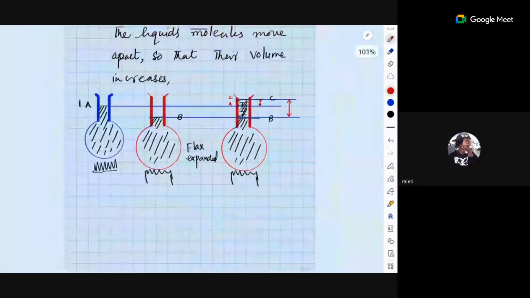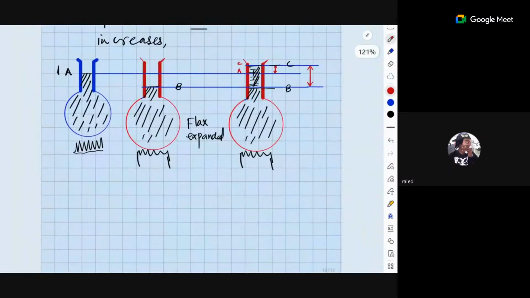So there are two expansion levels in this equation: A to B, then B to C, and then A to C. These are the three points I wanted to explain to you. A to B is basically the expansion of the flask.